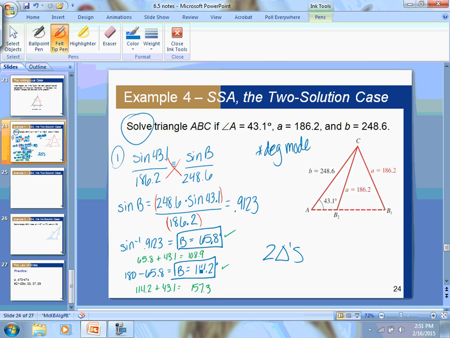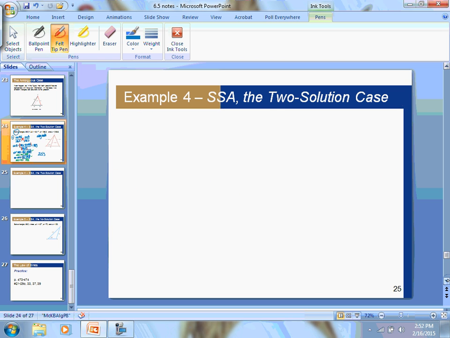Okay, so I was given angle A and side A. I found angle B and I have side B. So really the only other two things that I need are angle C and side C. So I'm going to go to the next slide where I have some more room here. And I'm going to do my next phase of this problem, assuming that the measure of angle B is 65.8.